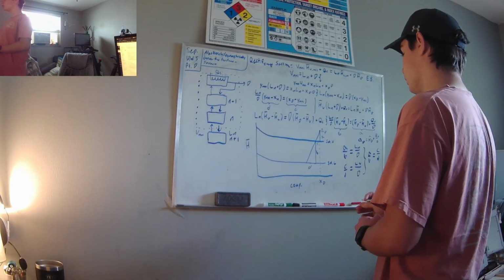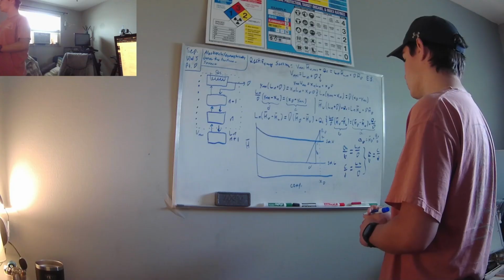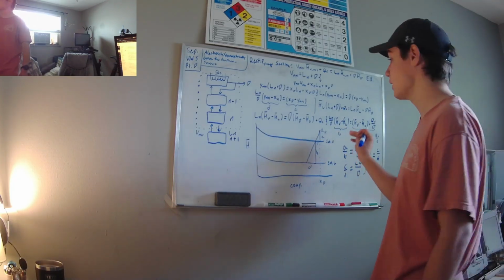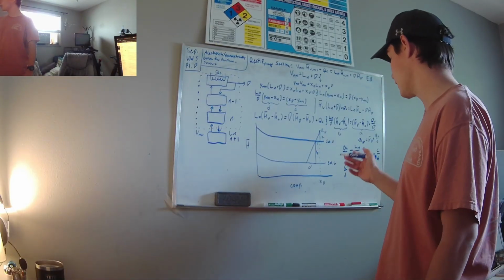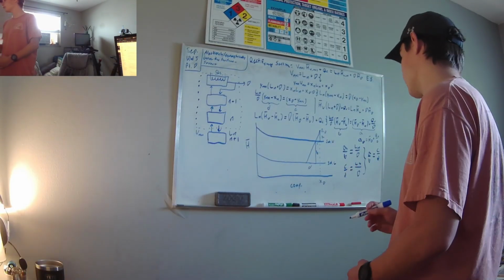It shows us we have similar triangles between our energy balances and our material balances, which allows us to justify this Ponchon-Savarit graphical method for the rectifying section.